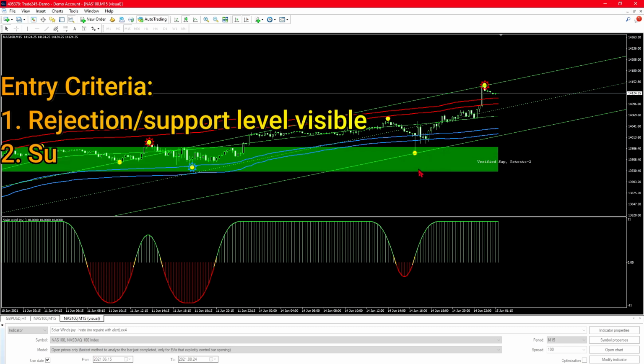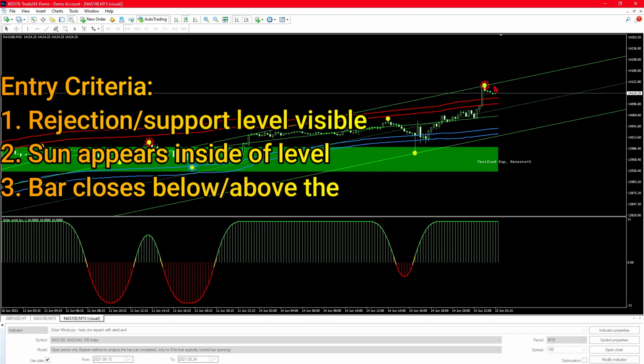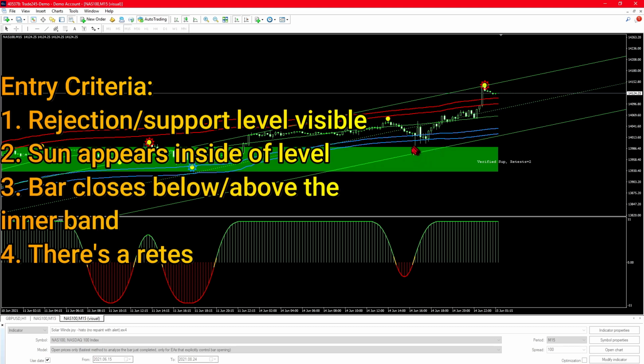When backtesting the system, I use the criteria that there must be a rejection or a support sun with the bars crossing past the innermost bands, so this band over here and this band over here. After the bar closes below or above those bands, that's when you would make your trade, and you'd only make these trades after the suns are hitting a resistance or support level.